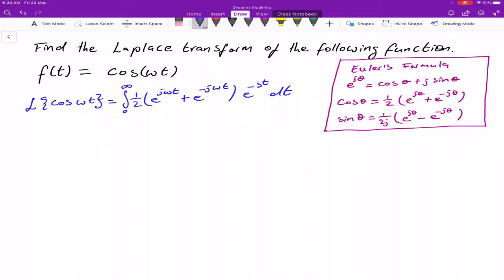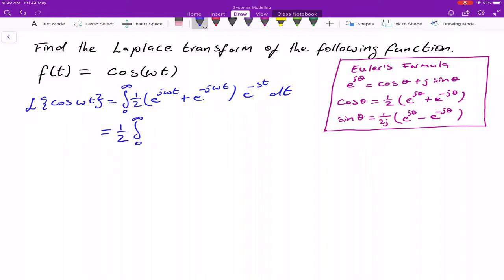And what we are going to do, we are just going to clean up the mathematics. So this is equal to, we can pull the half outside the integral. So you have a half integrating between 0 to infinity.